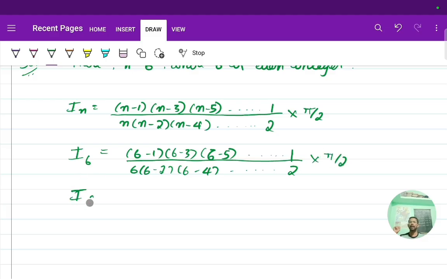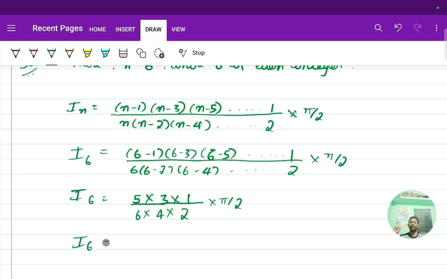That is I6 is equal to 5 into 3 into 1 divided by 6 into 4 into 2, into pi by 2.